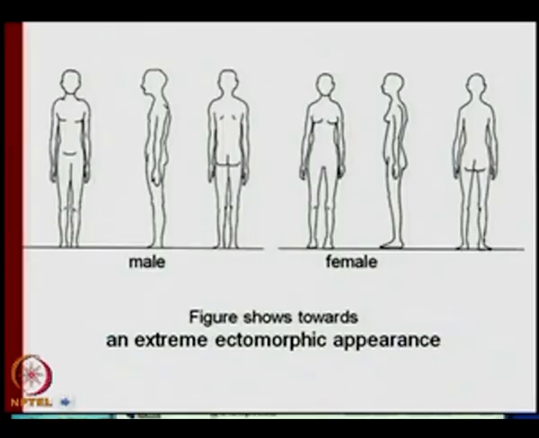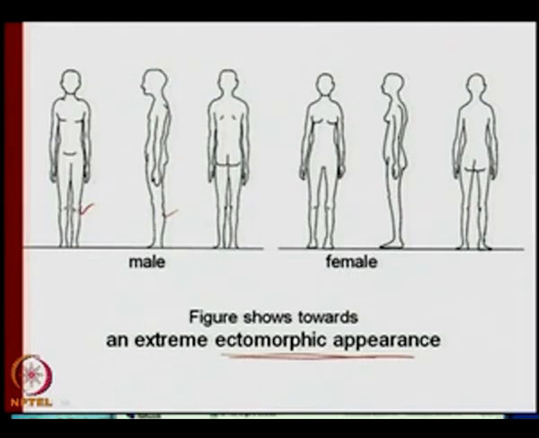Now, we will see some figures showing an extreme ectomorphic appearance, lean and thin. These are for females and males, front, side, backwards.